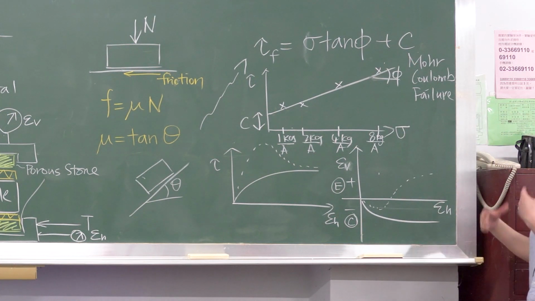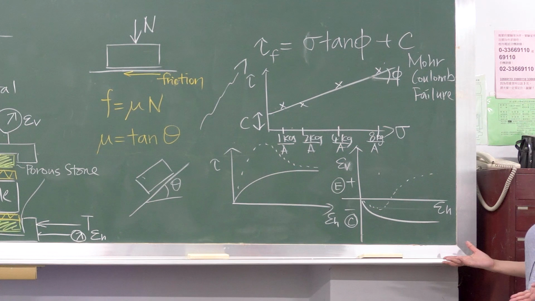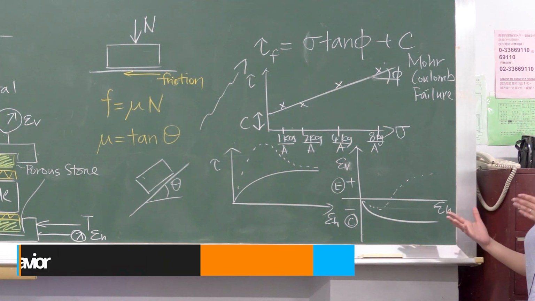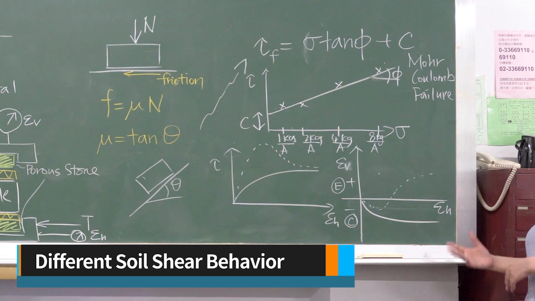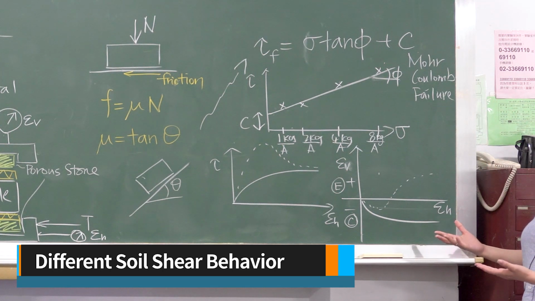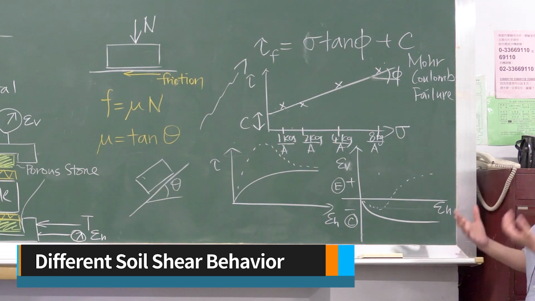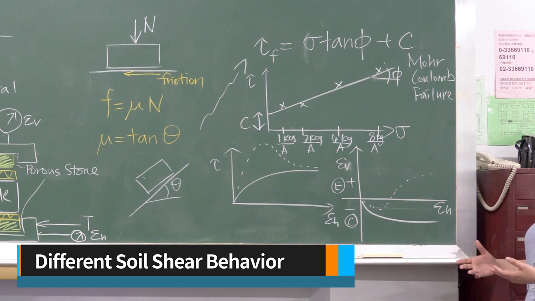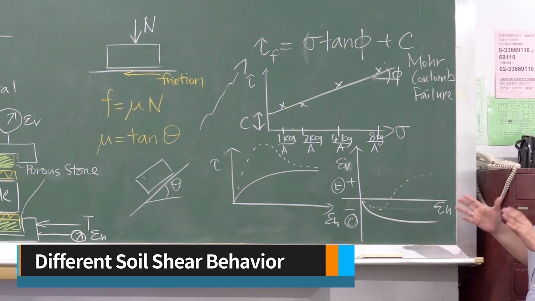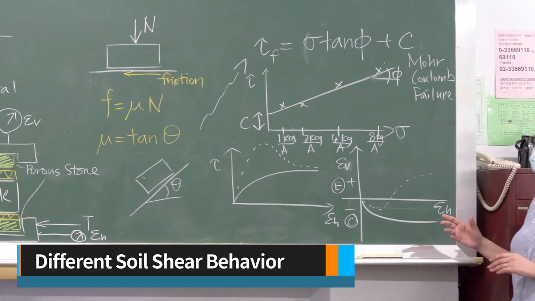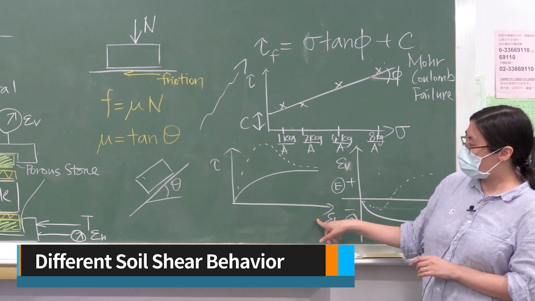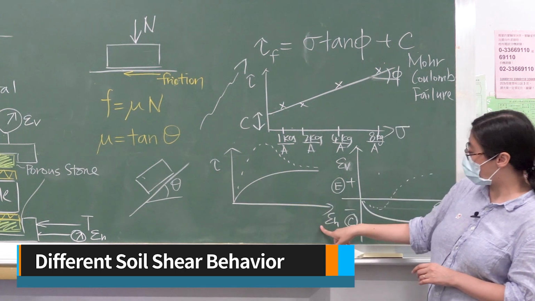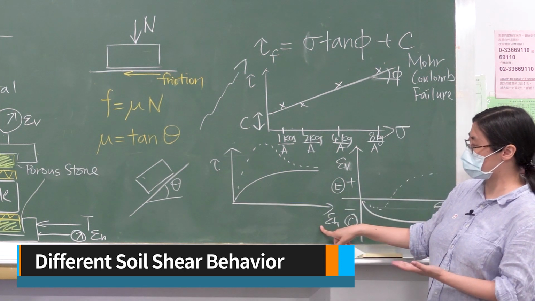In addition to that, in your soil mechanics class, you may have learned that different soil types will have different friction angle and cohesion. Even if you have sand, the relative density of the sand would yield different stress-strain behavior. This graph plots the shear stress versus horizontal movement or horizontal strain.